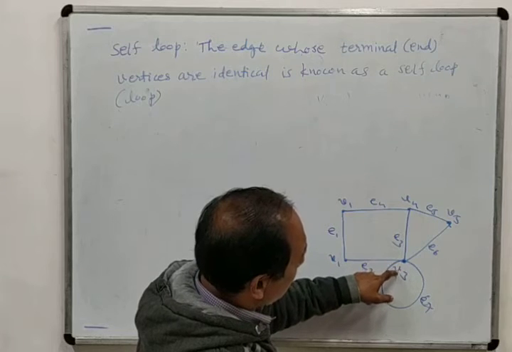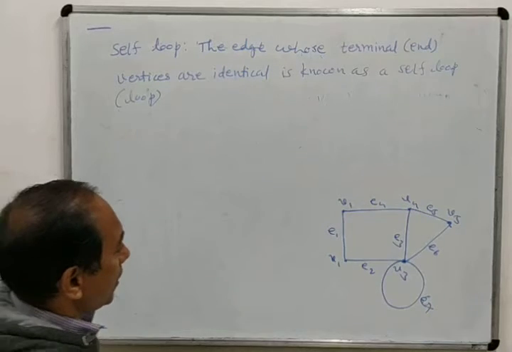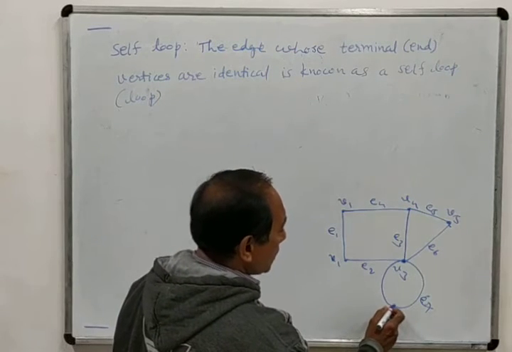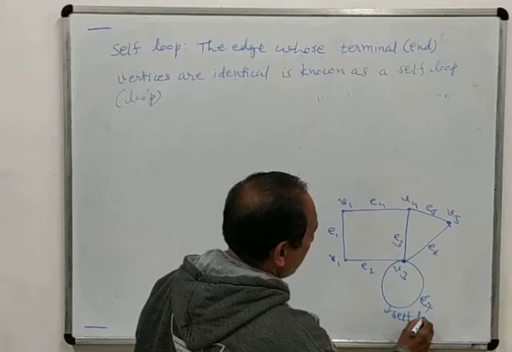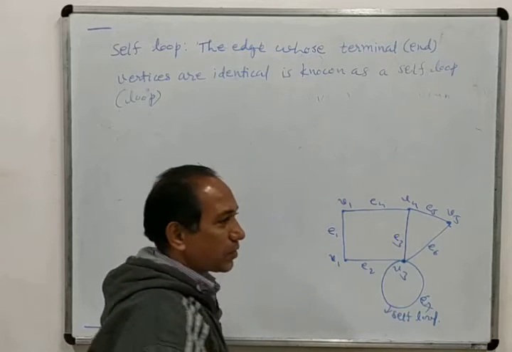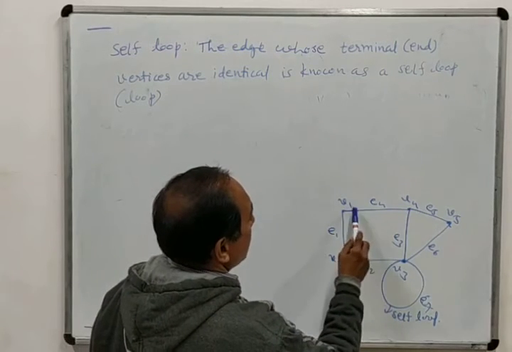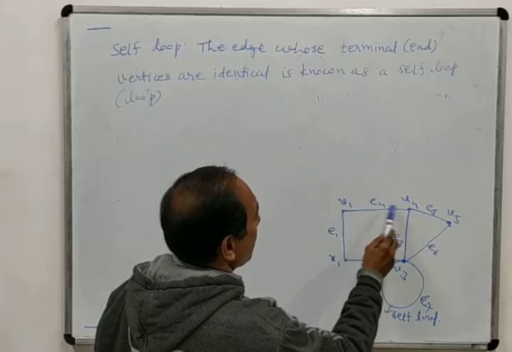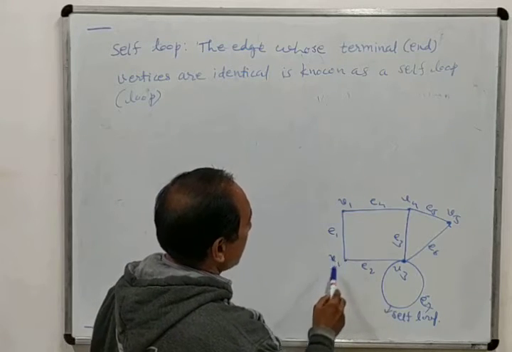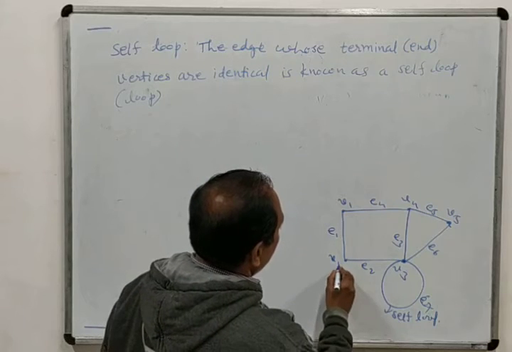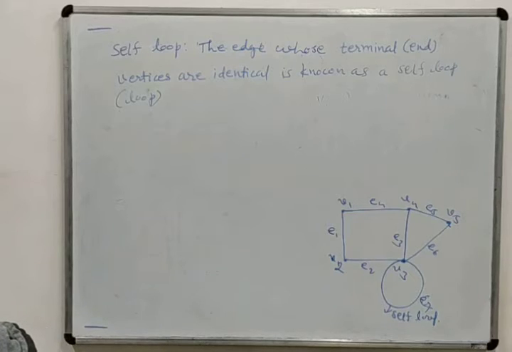That means V3 is the same as the ending point of the edge E7. Therefore, we call edge E7 a self loop. So self loop is also very simple. The other edges have different endpoints. Suppose E4. E4 has V1 and V4. Both are different vertices. That means different endpoints. E1 also has different endpoints. So the self loop is this one.